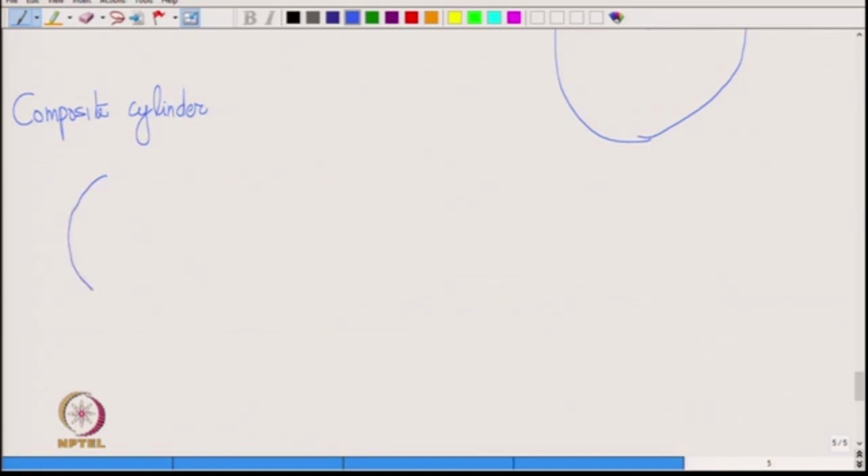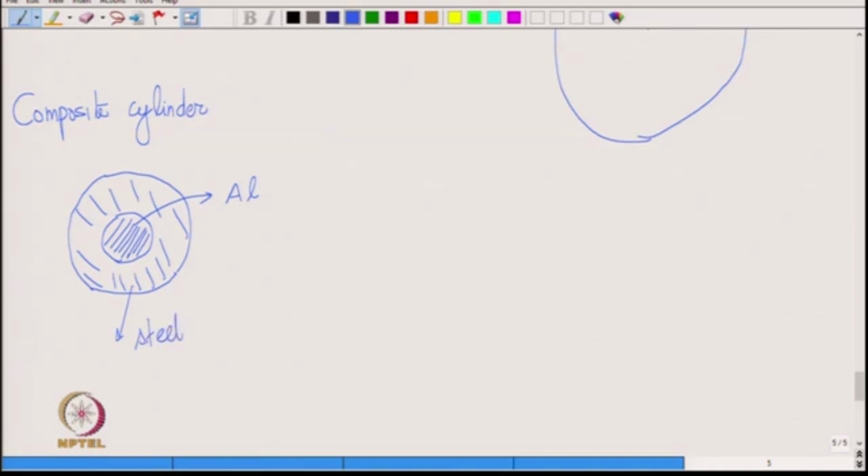If the cross section is like this, and suppose the inner part is aluminum, whereas the outer part is steel, and suppose that they are glued together tightly, and to this composite cylinder we twist the cylinder.